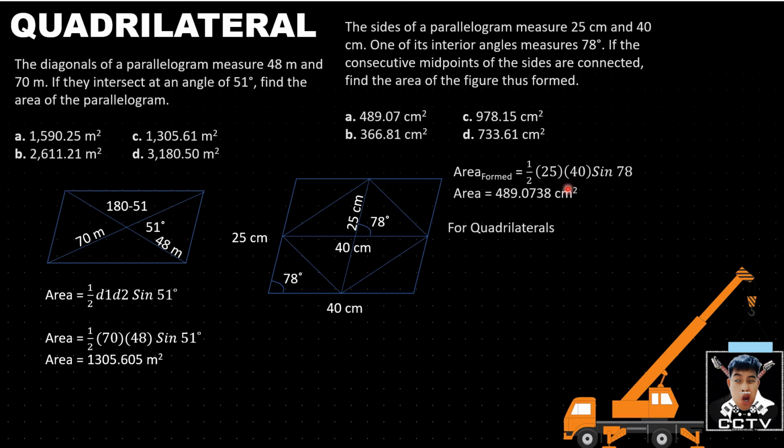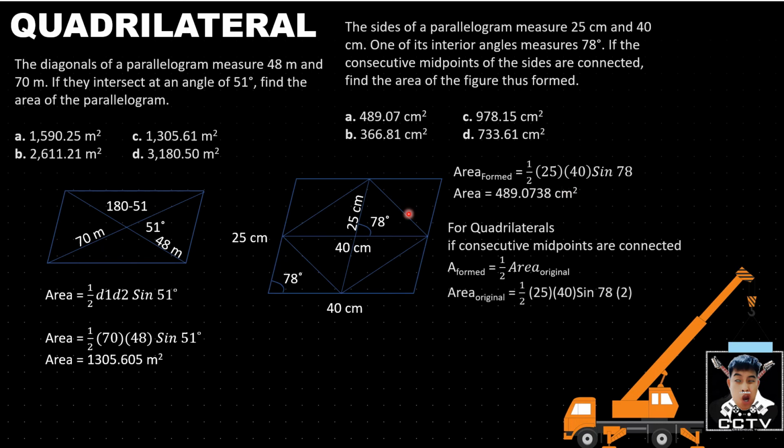But always remember, when we talk about quadrilaterals and you connect their consecutive midpoints, the area of the formed figure is only 1/2 of the area of the original. Let's try that. The area of the original is this: 1/2 times 25 times 40 times sine 78, and of course, times 2, because these are triangles, triangles, triangles.